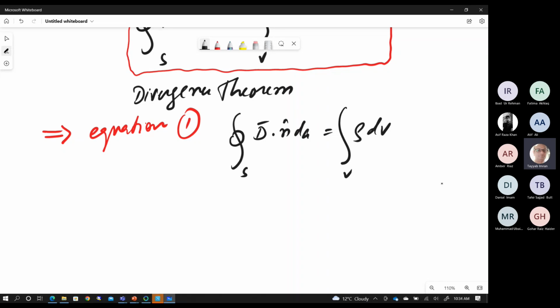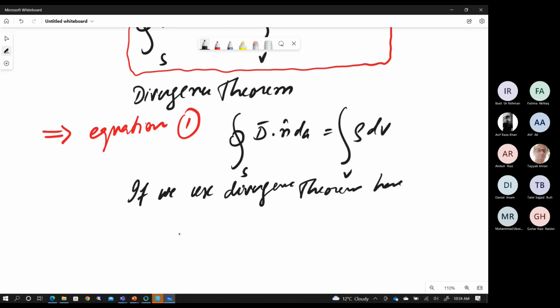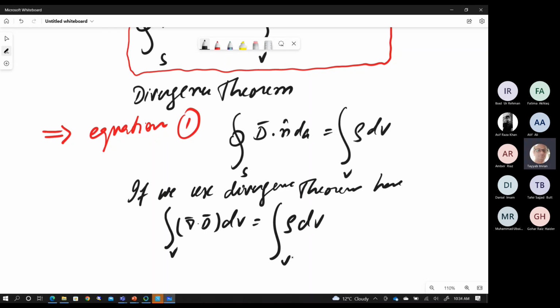If we use the divergence theorem here, then we can write like in place of A dot dA is equal to rho dV. Now both sides we have volume integrals.